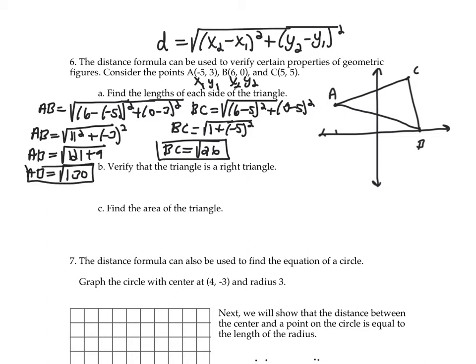Okay, finally, the third side we have to find the length of is AC. I'm going to squeeze that work in over here. So from A to C, first point to last point, the distance would be the square root of 5 minus -5 quantity squared plus 5 minus 3 quantity squared.